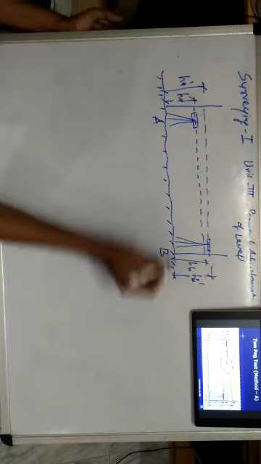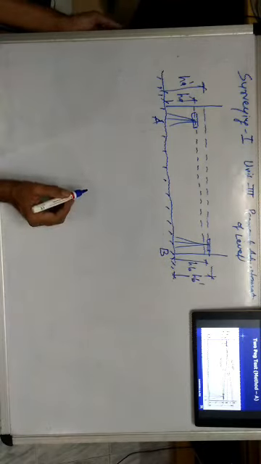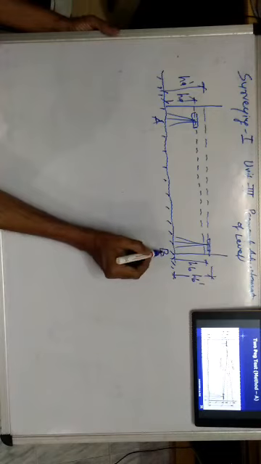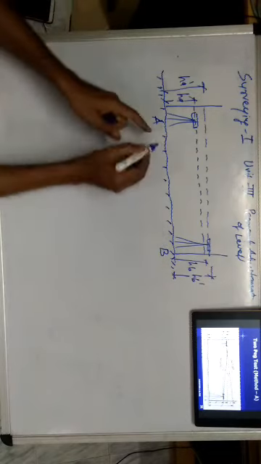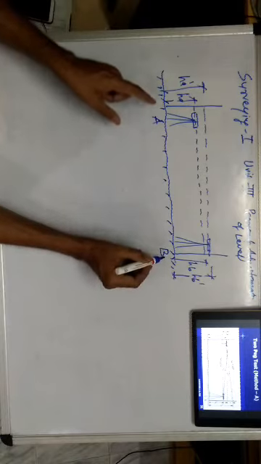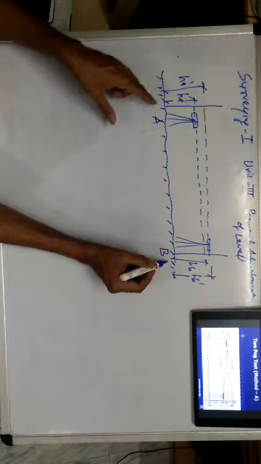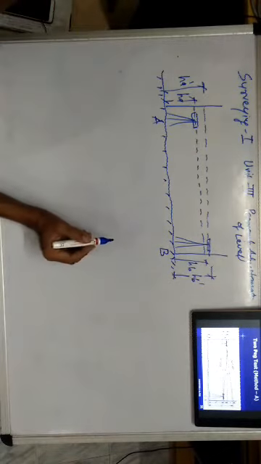Again we calculate the RL of A and RL of B, and we have to ascertain that in both cases the RL difference should be the same. If it is not, then a permanent adjustment is required in the level.